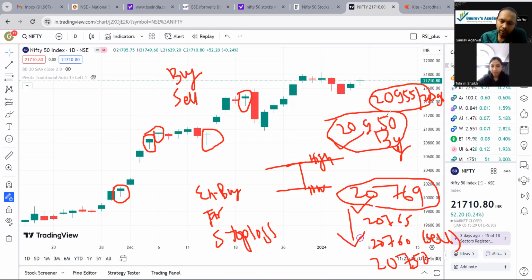What will be our stop loss in this case? You have to keep a stop loss of 50% of this candle. 50% means, what is the high price? 20955? No, that is the entry price. What is the high price of the candle? The high price is 20950.